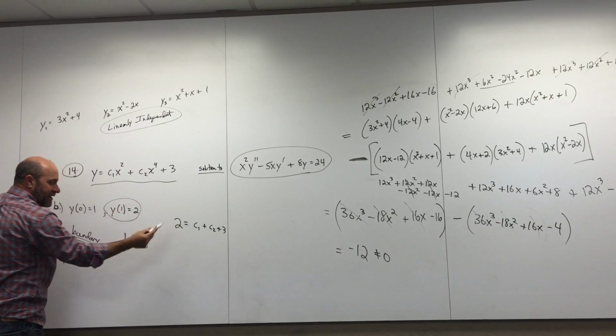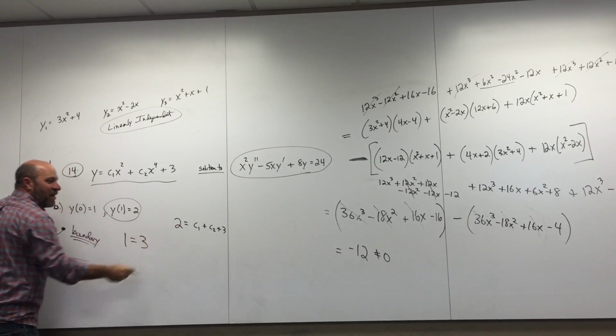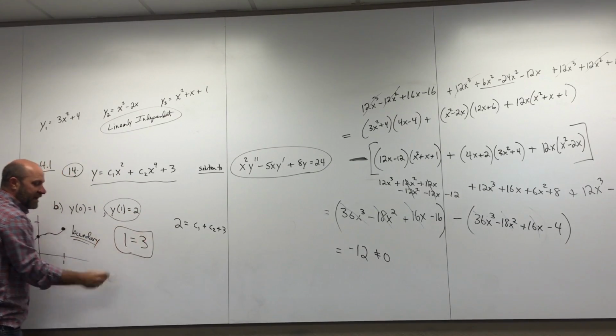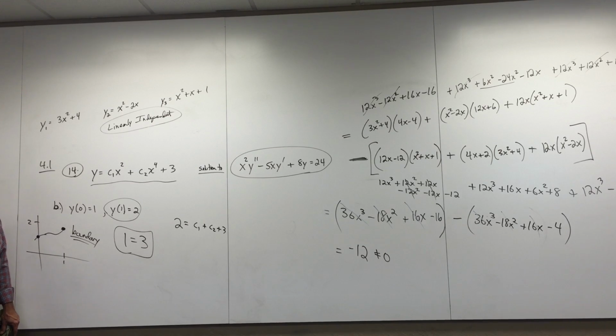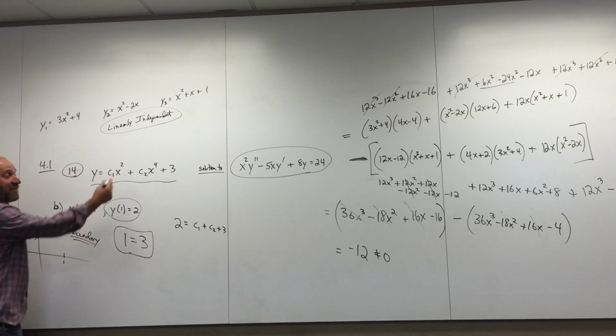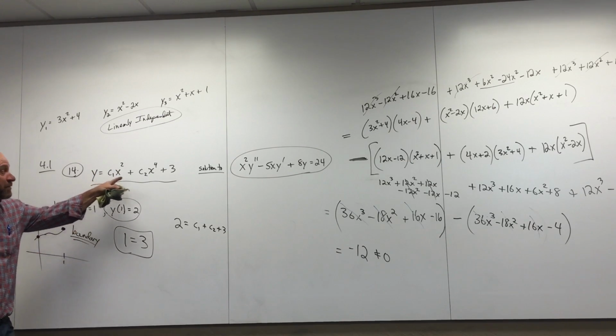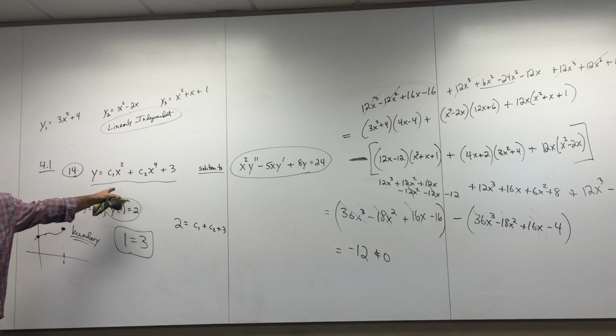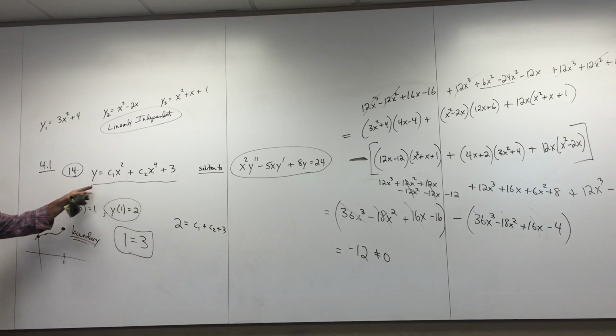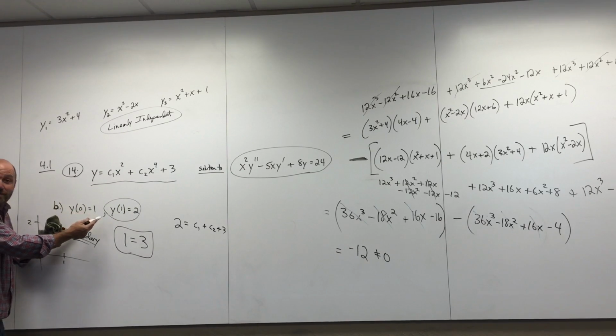But that accompanied with this would tell you that the answer is no. We cannot find a function. This is a family of solutions, and we cannot find a member of the family that meets these conditions. No, we can't.